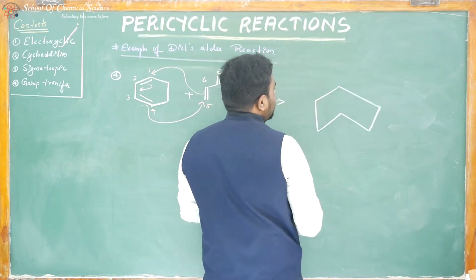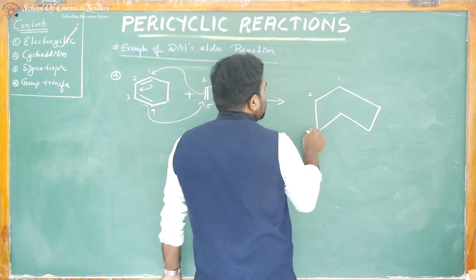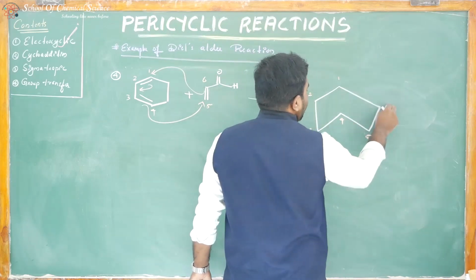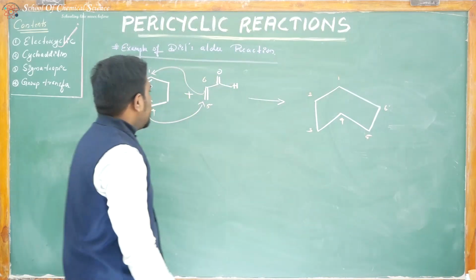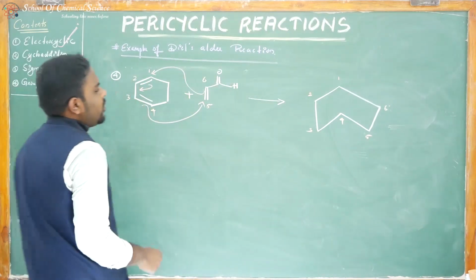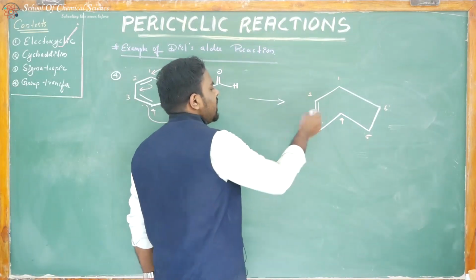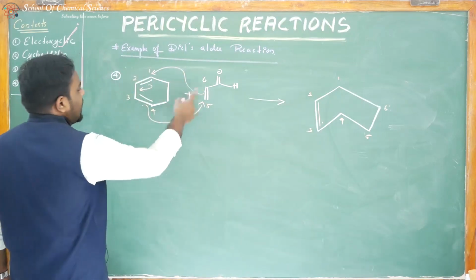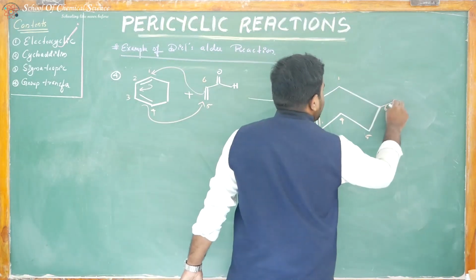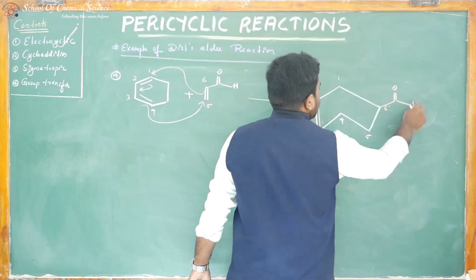A 6-membered ring, this is 1, 2, 3, 4, 5, 6. Between 2 and 3 a pi bond is present. At carbon number 6 there is a C double bond OH.